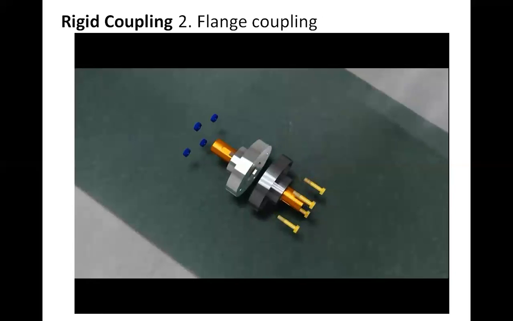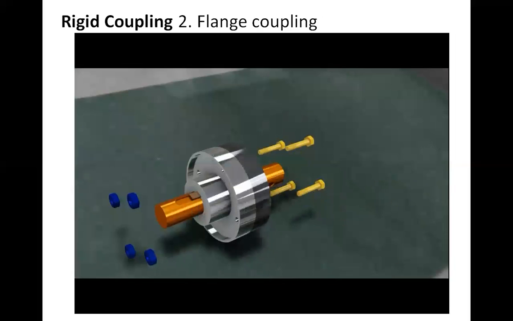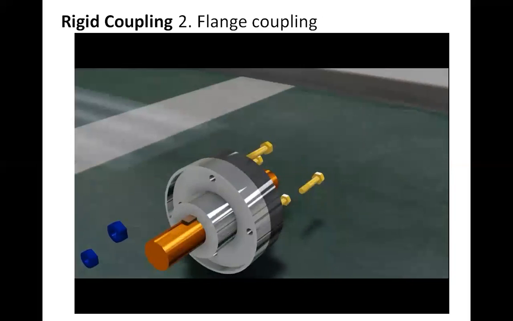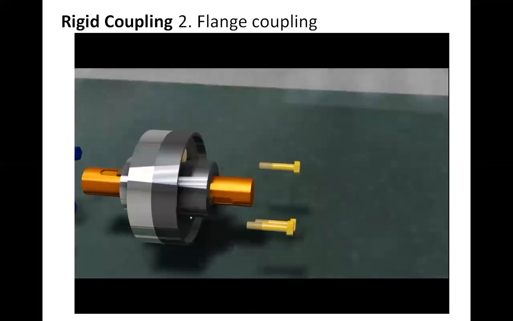Now these two are connected together by using four nuts and bolts. The number of nuts and bolts provided in this flange coupling depends on how much power is transmitted.